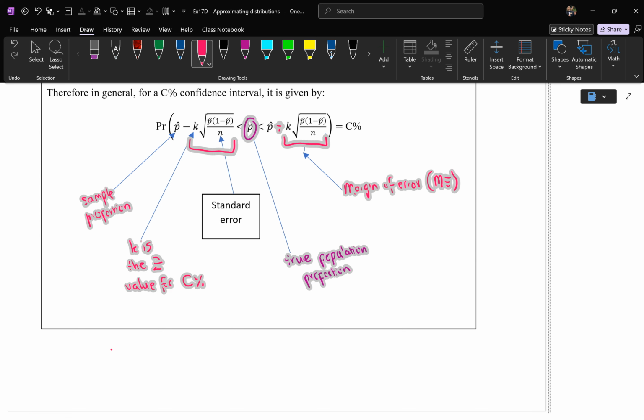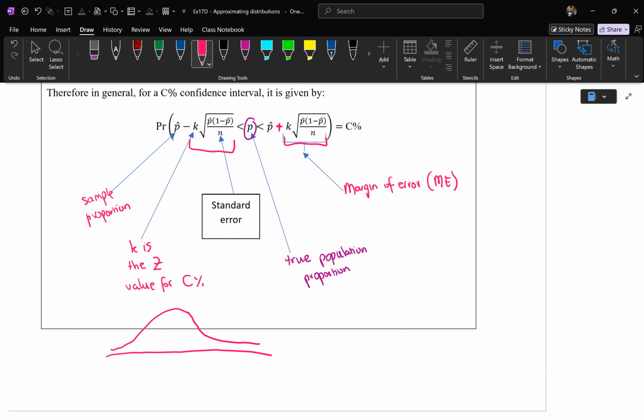Here we go. Do you know when we did this 68, 95, what was the last one? 99.7, right? So the mean is here. To be 68% confident, how many standard deviations do you need? 1. So 1 to the left, 1 to the right. This is 68%, right? Now, this is your confidence percentage.